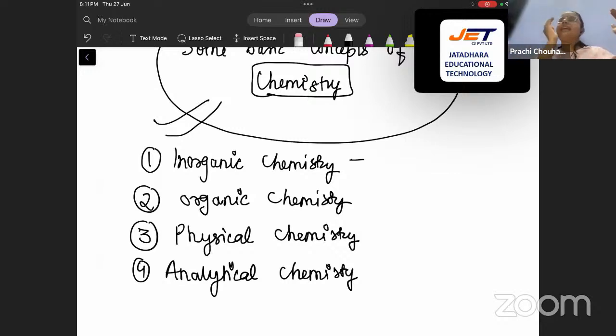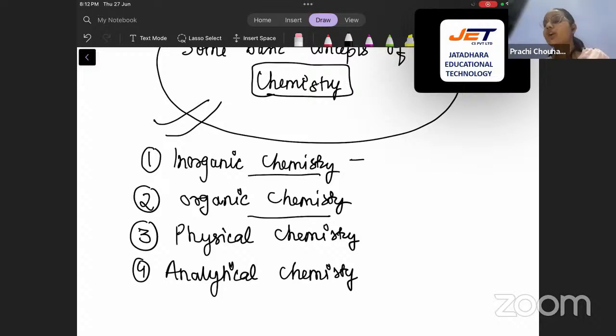They categorized organic compounds as those compounds which you get from living things, for example, from animals and plants. And whatever you get from minerals and rocks, those compounds were categorized as inorganic compounds. And from there, we got the two branches, inorganic chemistry and organic chemistry.